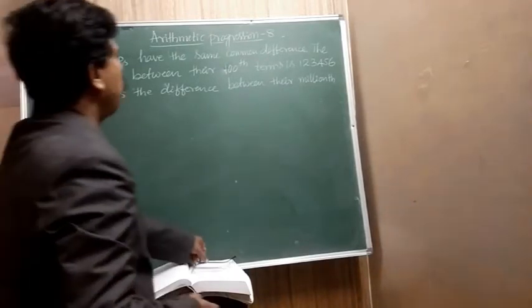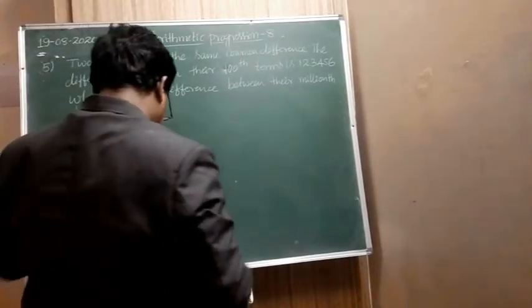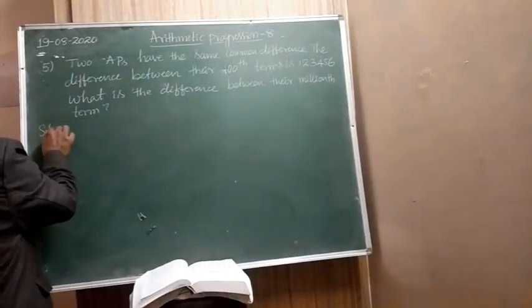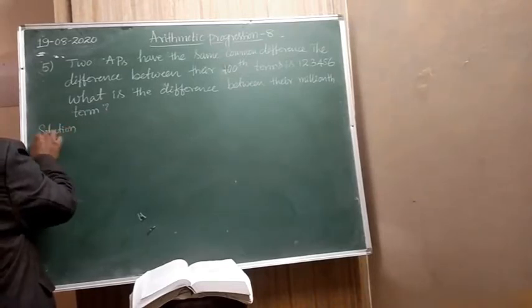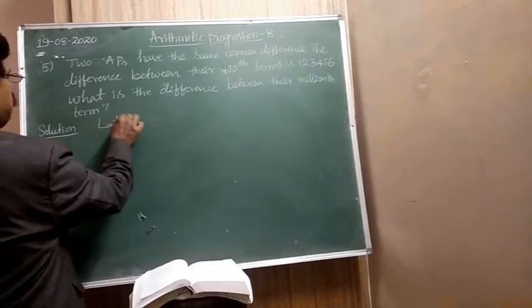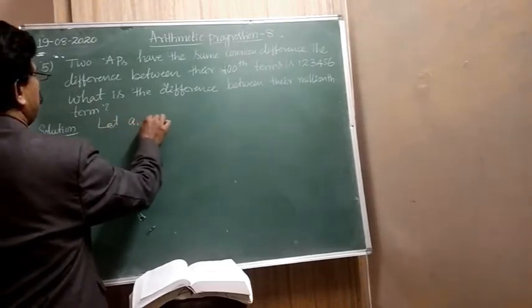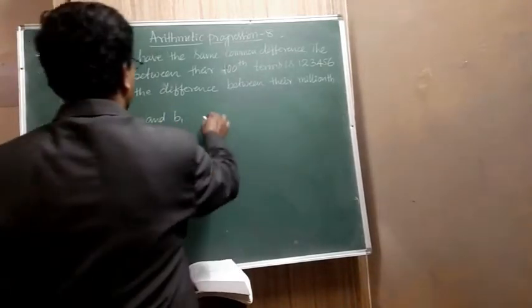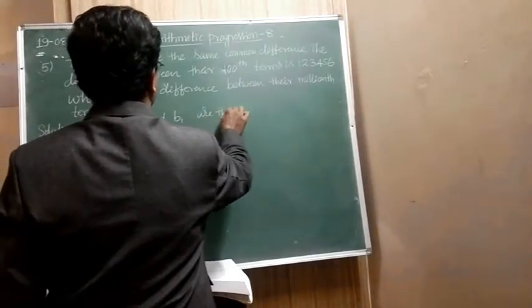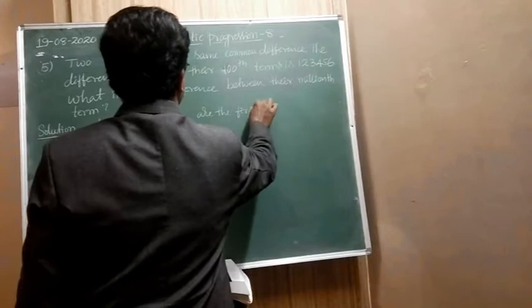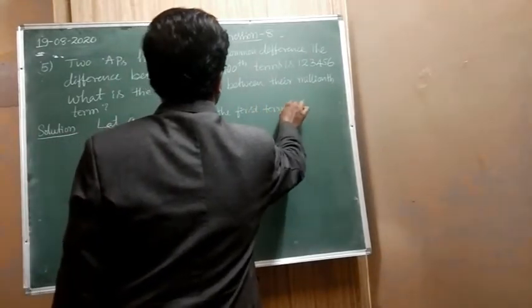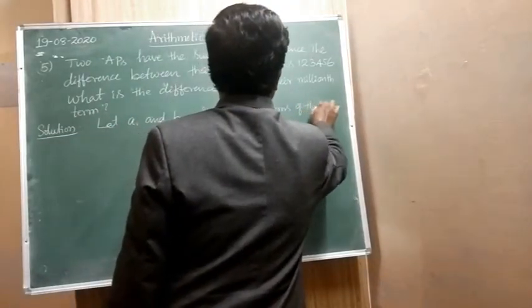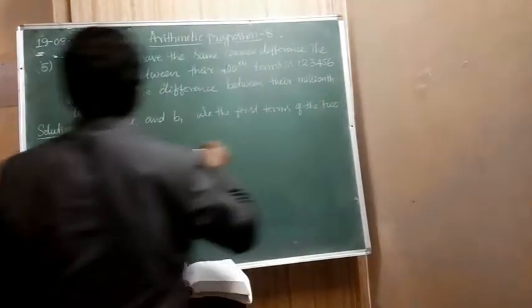Now first what you can write is: let a1 and b1 be the first terms of the two APs.